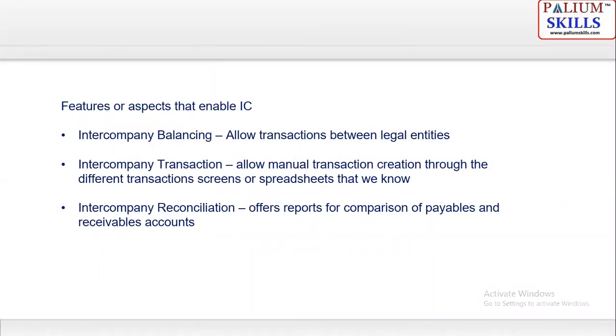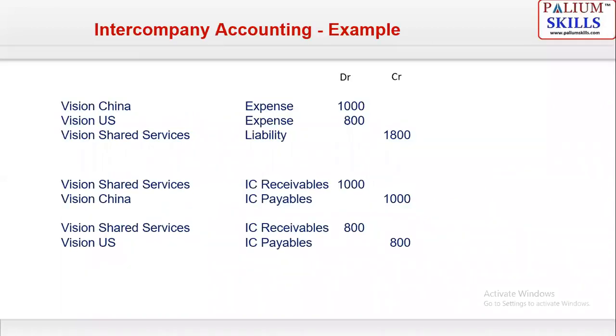So what aspects of intercompany do we enable? One is intercompany balancing. The transactions between the legal entities have to balance out. If you look here, within this 1800 and 1800, you have the corresponding entries getting balanced.